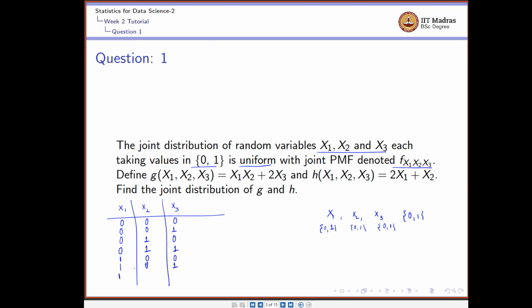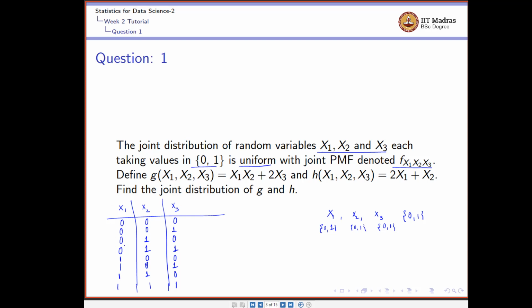Again we can have x1 1, x2 1 and x3 0 and x1 1, x2 1 and x3 1. So these are the possibilities that x1, x2, x3 can have. Means x1 can take the value 0, x2 can take the value 0 and x3 can take the value 0. This is one possibility.